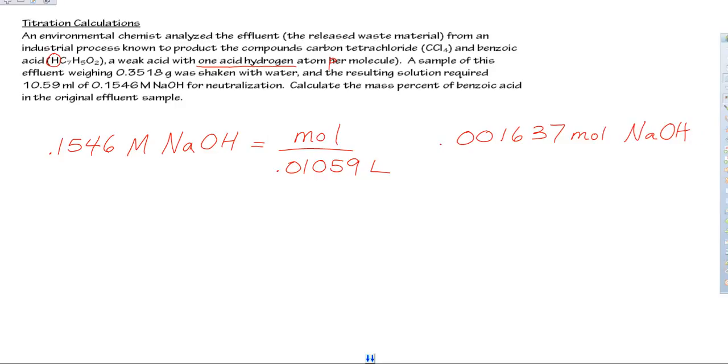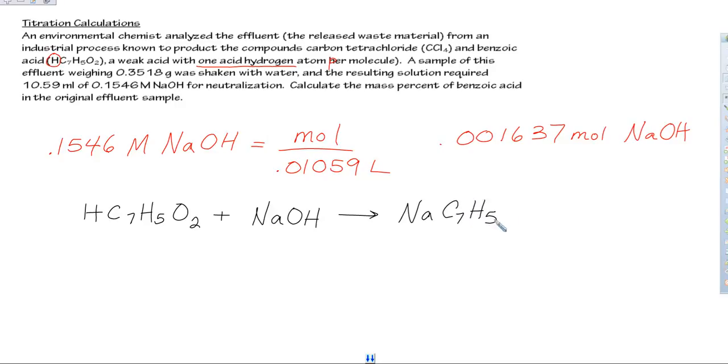So if I wrote the formula equation, it would be benzoic acid plus the sodium hydroxide. I would do a double replacement, and I would end up with sodium benzoate, this is the benzoate ion, and then I'd have water, hydrogen hydroxide.